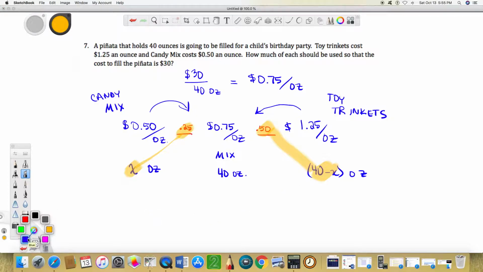So our equation becomes 0.25x is equal to 0.5 times 40 minus x. If I want to get rid of the decimals, I can just multiply both sides by 4. I won't do that to you. I'll just solve it.